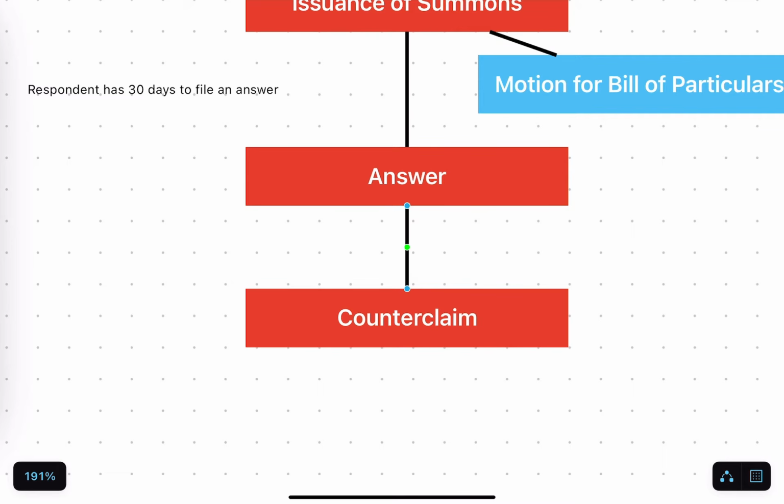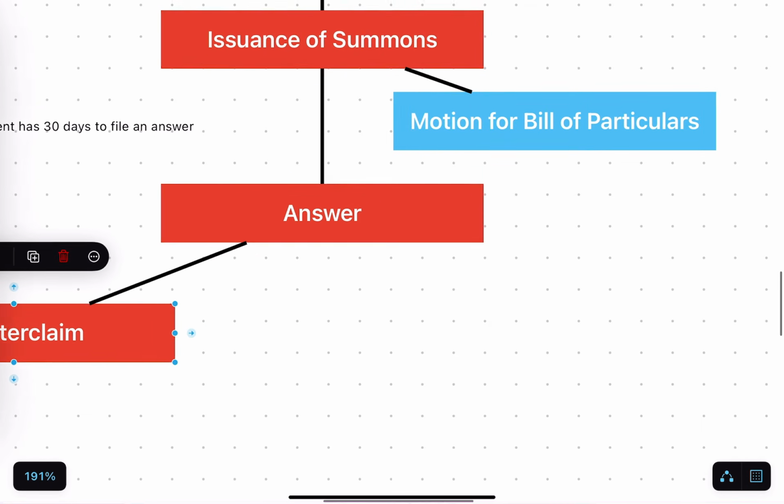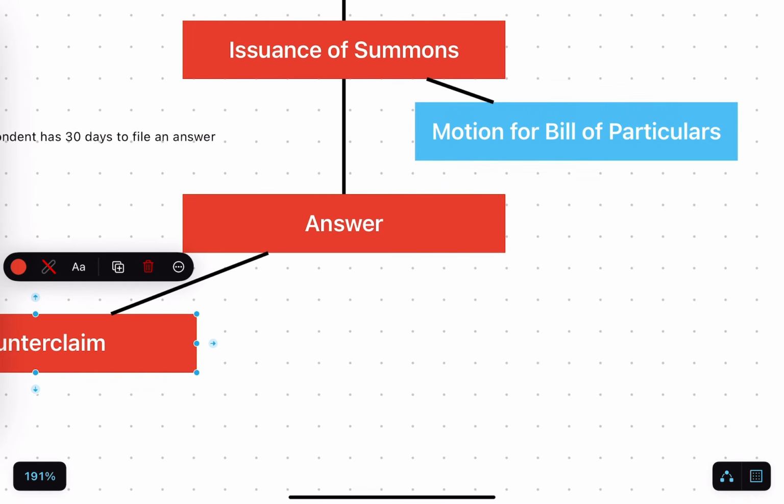So if the defendant fails to file an answer within the time period, which is 30 days, then the court can now, upon the motion of the claimant, with notice to the adverse party, declare the defending party in default, plus also proof of such failure.